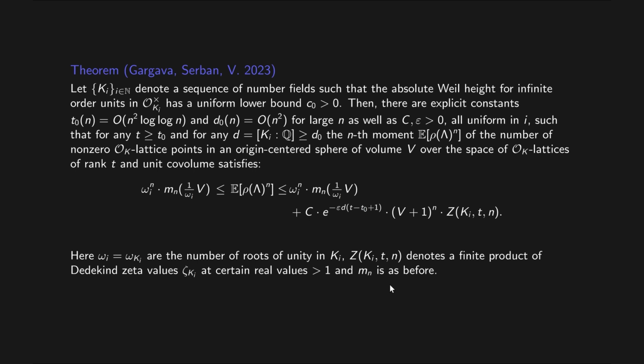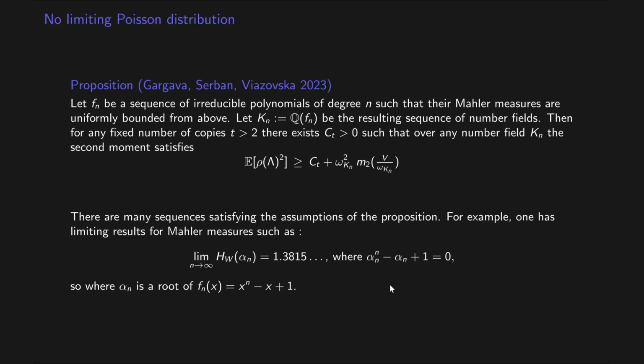Now maybe another interesting question is this: the Bogomolov property is not true for all number fields. So are there number fields where we cannot hope for any kind of Poisson distribution, or where we need to somehow redefine a new version of it? Here we also found a counterexample. It is a sequence of fields which defy the Bogomolov property.